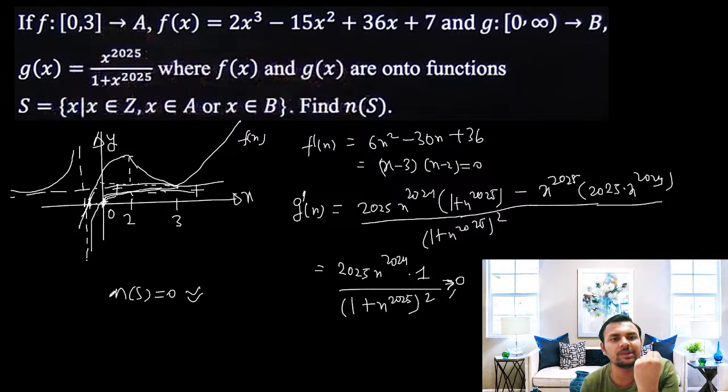So in this domain, the range of gx is 0 to 1, and the range of fx is 7, and then at 3 it came out to be some other value.